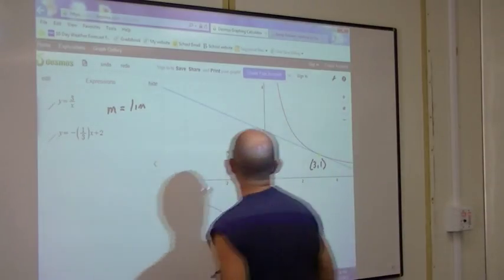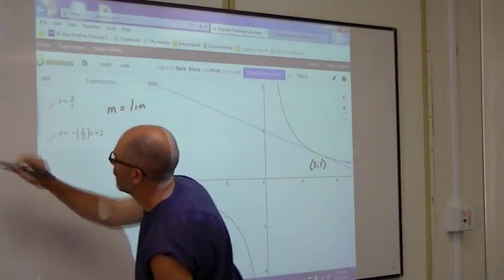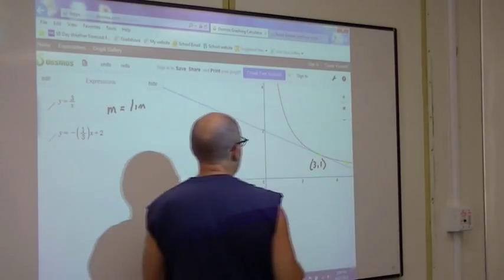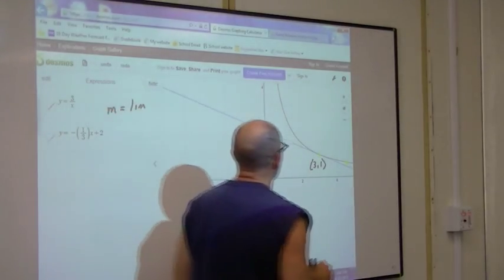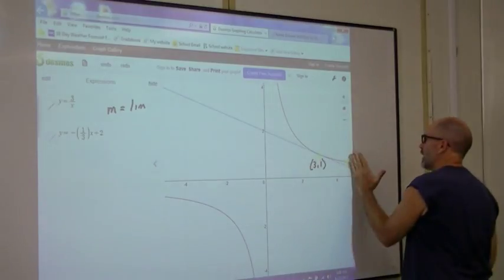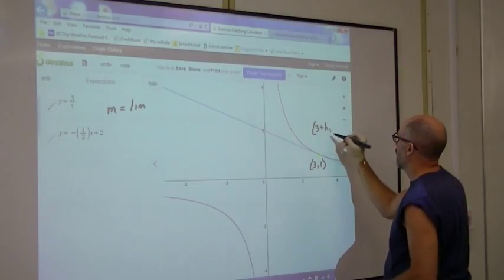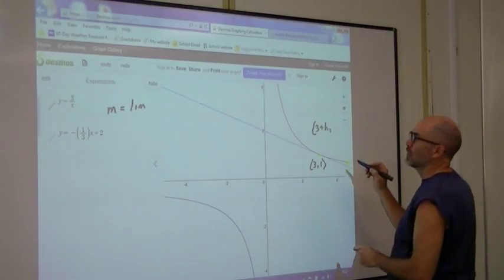I don't want to confuse you guys quite this early. So here's my h right there, or here's my other point right there. So what's that going to be? It's going to be some h value to the right. So it's going to be 3 plus h. And then it's f of 3 plus h.